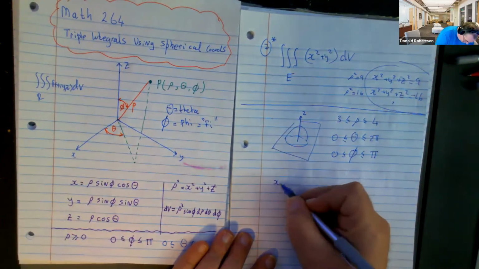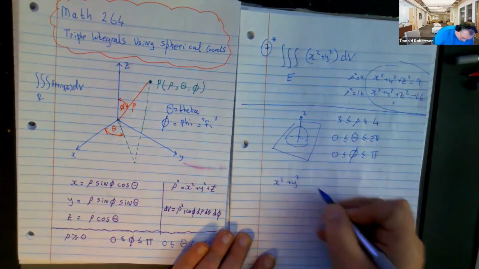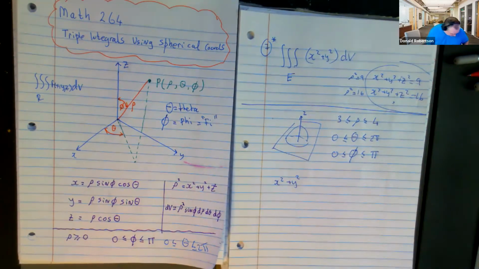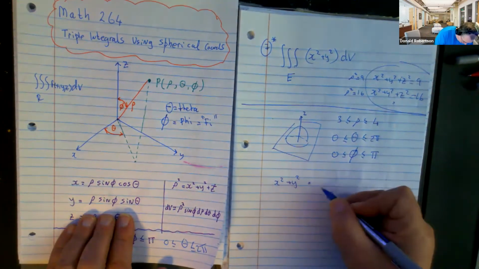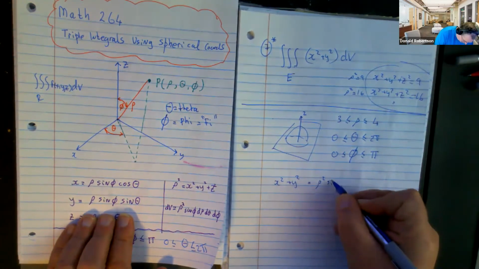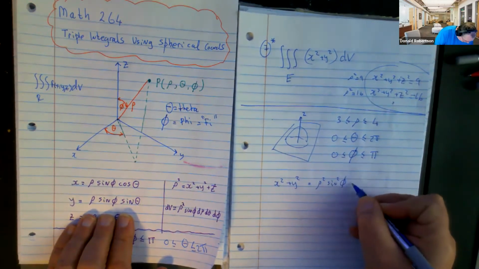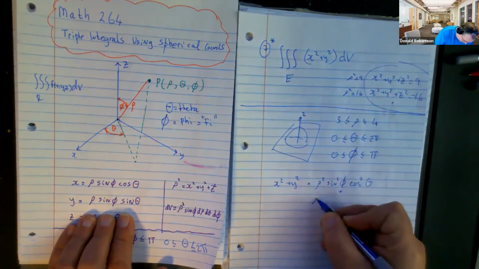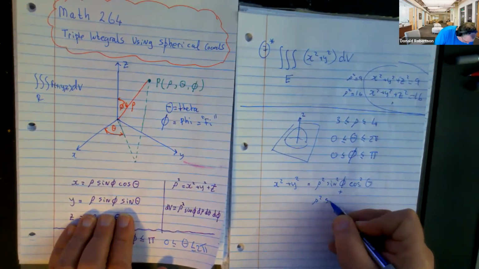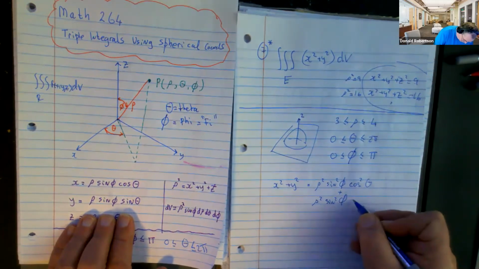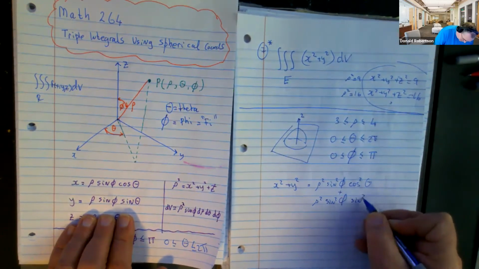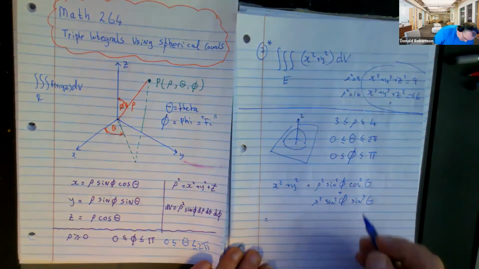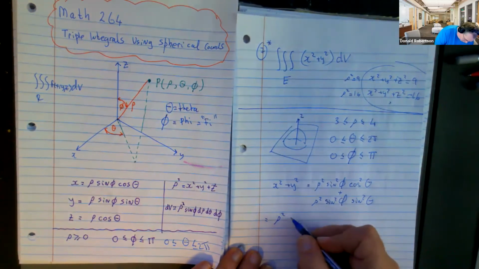Now I need to figure out what x squared plus y squared is. I wish it had been x squared plus y squared plus z squared, because that would have been easy. And this time I'm going to try and do this one correctly, because I did one earlier, I think, last time, and kind of got it back to front. So we've got this guy plus, I'm just going to write it underneath. That's x squared plus y squared. You can pull out a rho squared.